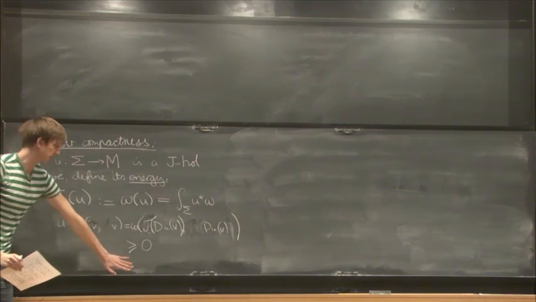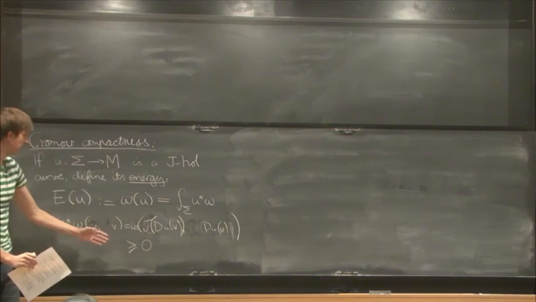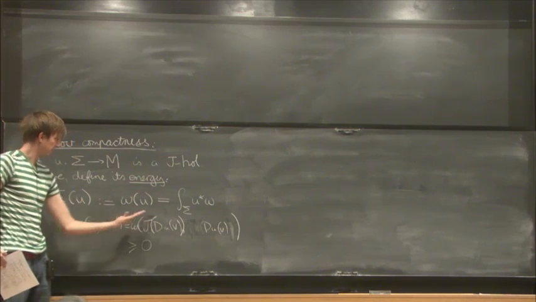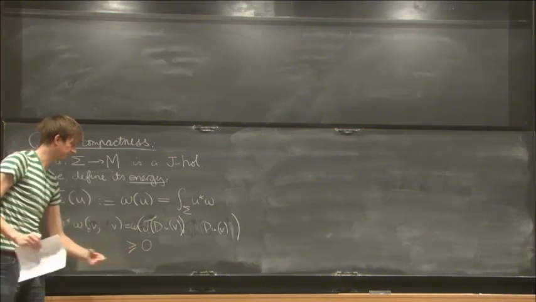All I'm saying is that the J-holomorphic condition on our map means that when we pull the symplectic form back, we get something positive.